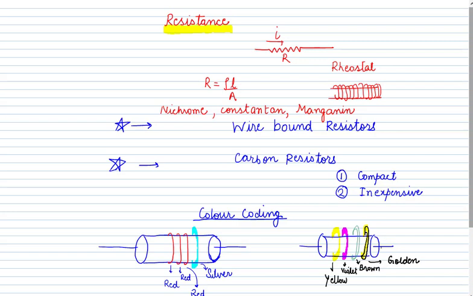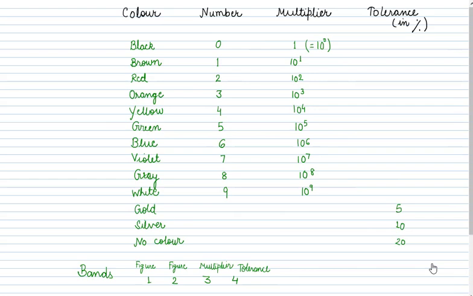Now how to read this coding? It is a very interesting thing. Let us see how we do the coding for such carbon resistors. Here I have drawn a table, as you can see, which has 4 columns.